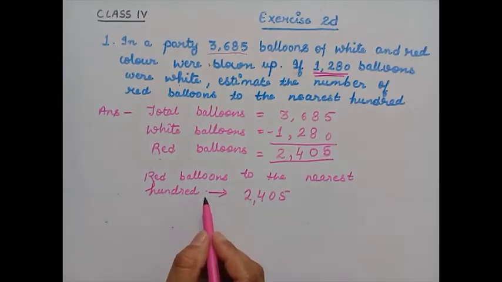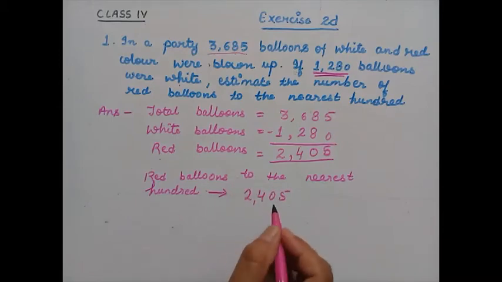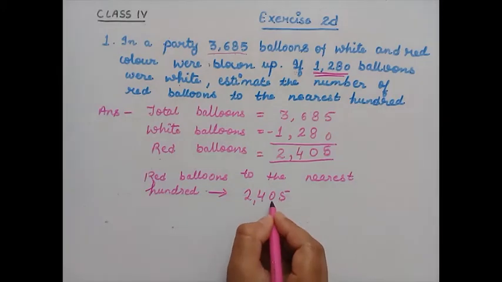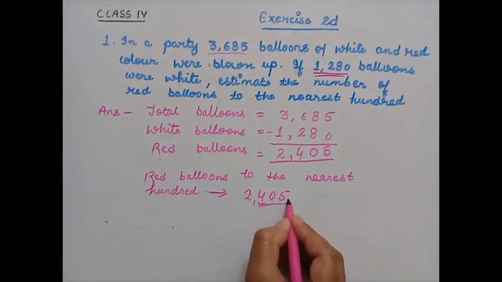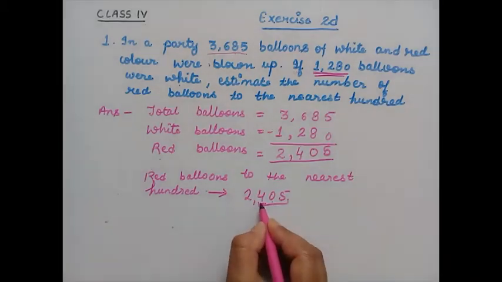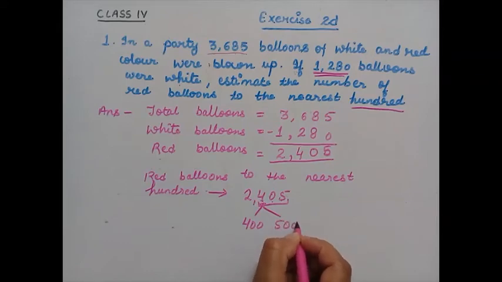We have to change this according to the nearest hundreds. So now count their place values: ones, tens and hundreds. 4 is at the place of hundreds, so we have to change these numbers. So 4 is at the hundreds place, so note down 4 and put 0 because 100 contains two 0s, and what comes after 4? It's 5 and put two 0s.